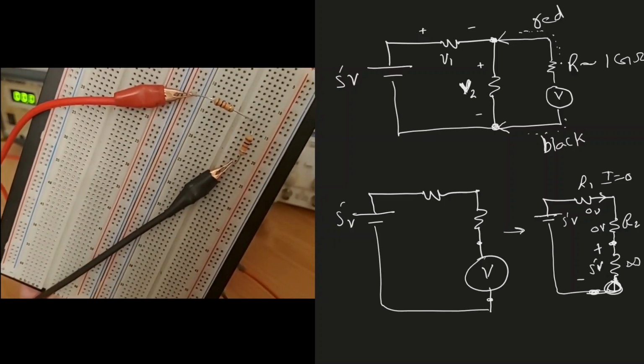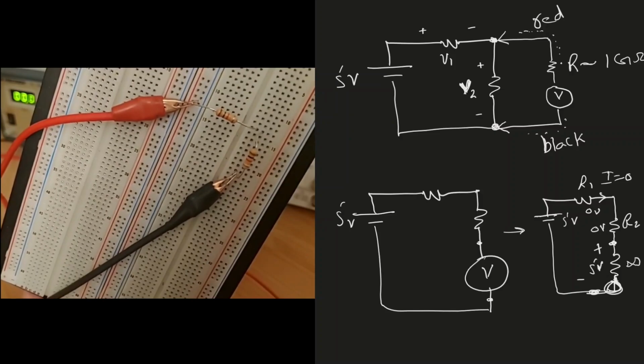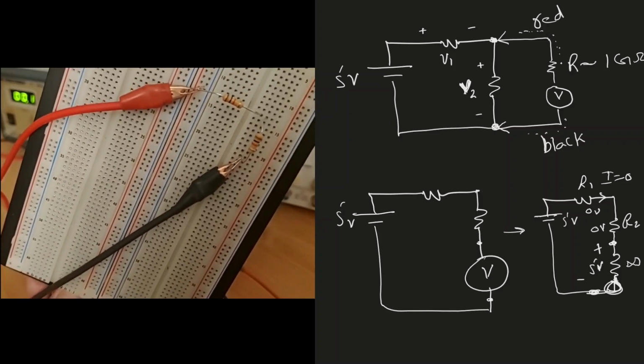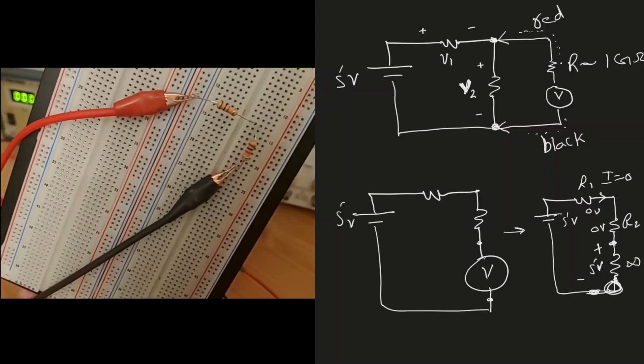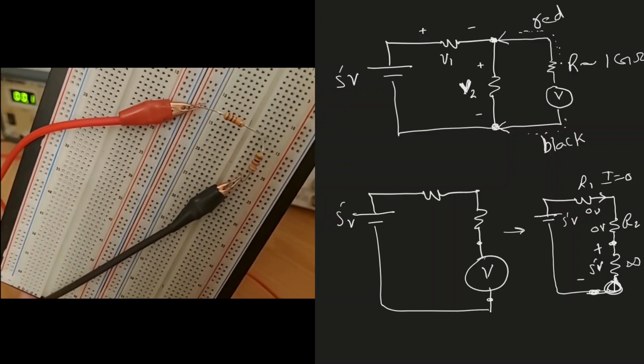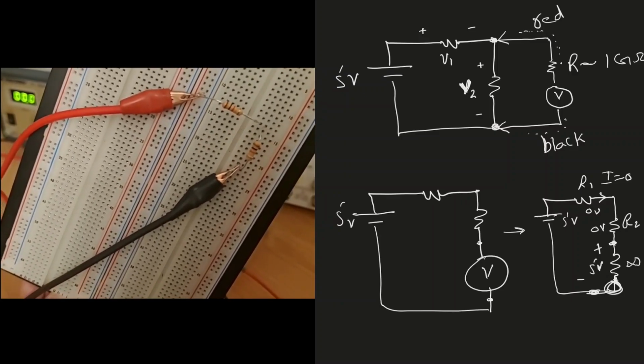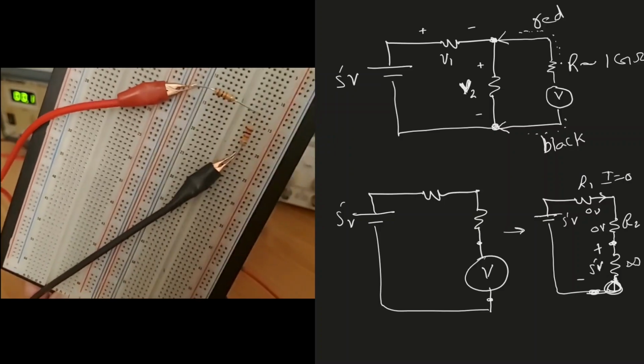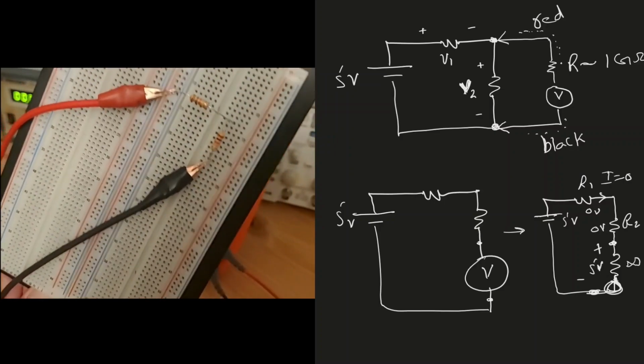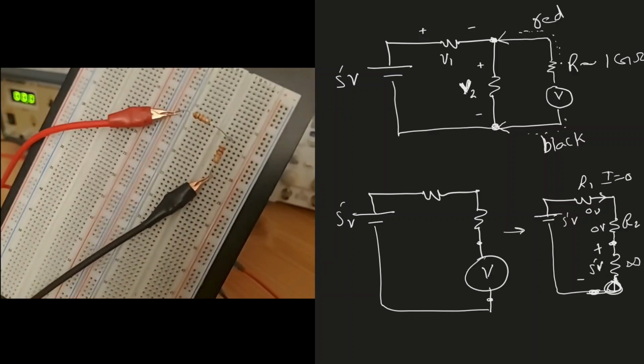Both of them are 1 kilo ohm resistors, so they have equal resistance. Because the resistances are equal, we should expect an equal voltage drop across both of them. Whatever the supply voltage is, it will be divided in half between them.